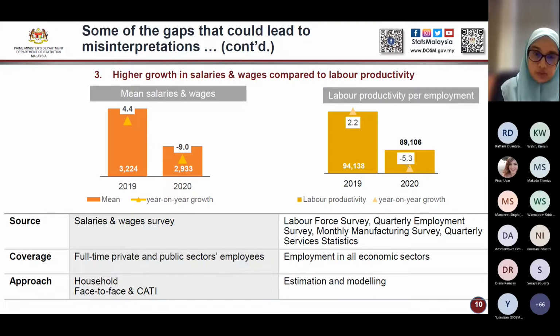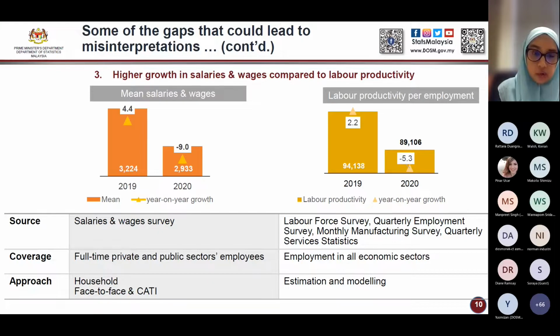But because we are reporting from different sources, this can lead to misinterpretation if we do not explain the coverage, because we found higher growth in salaries and wages compared to labor productivity, as if employees in the country are not performing to their optimum capacity. But in actual fact, this is due to the different coverage, sources and approach used.